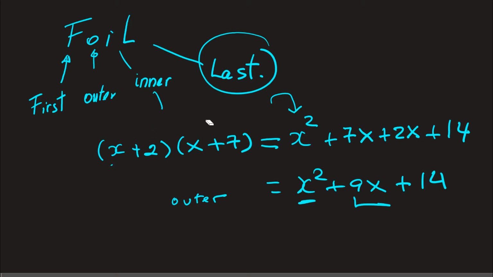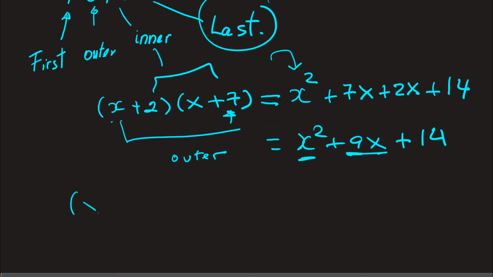But just do that. Just outer, the number 7, inner, the number 2. 7 plus 2 is 9. And write out an x is easier. And at the very end, last, 14.